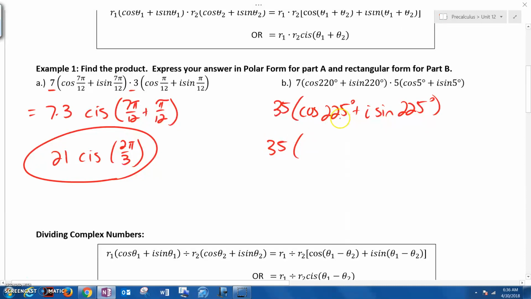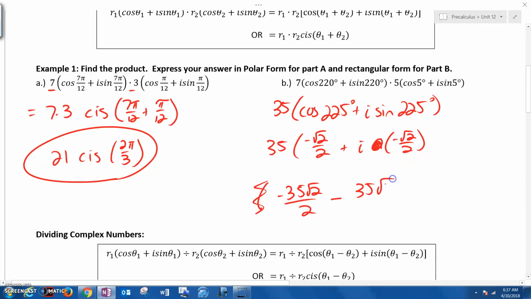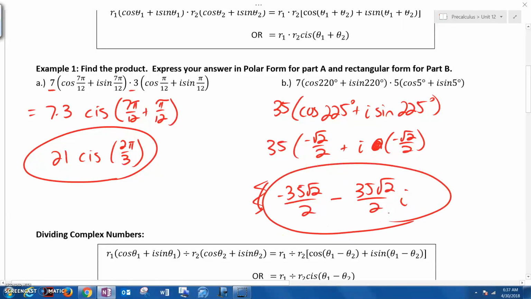This is a quadrant 3 angle with a 45 reference, so they're both negative root 2 over 2. When we multiply 35 times that, we get negative 35 root 2 over 2, and then using the minus out here, minus 35 root 2 over 2 i. So that's our rectangular form of the answer.